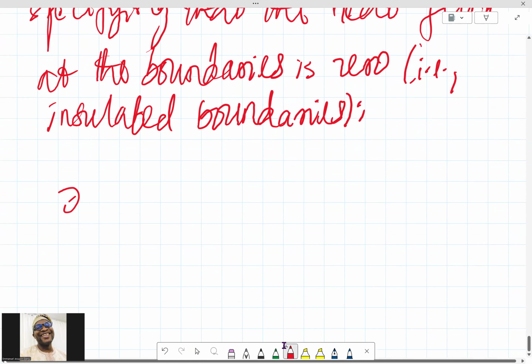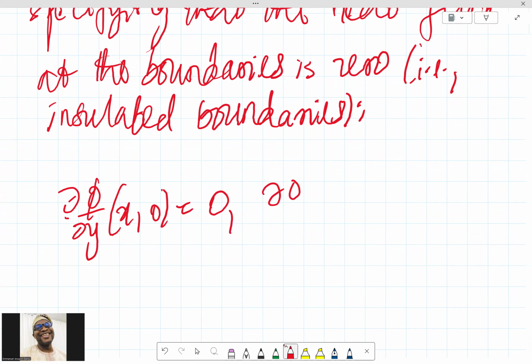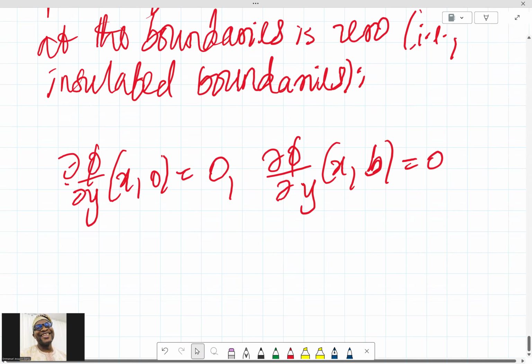So we have partial phi, partial y of x comma 0 equals 0, partial phi, partial y of x comma b equals 0. So instead of just phi, we have the derivatives now.